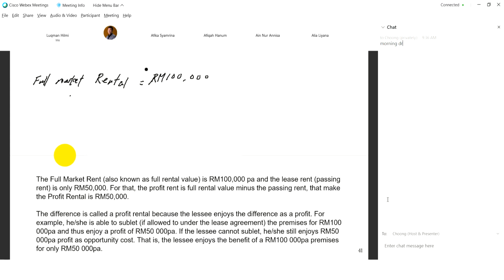And then at this moment the rental itself is only 50,000.